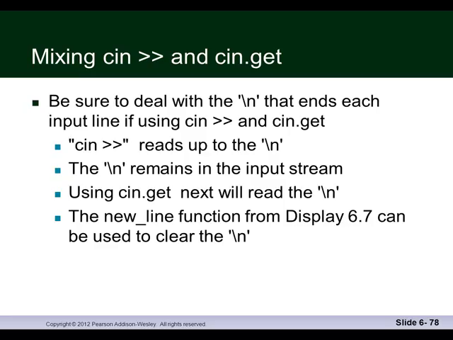Somebody talked to me, actually it was Ben today about it, and this is very important. When we're mixing up the cin with the .get, we're going to have an extra character that you might not be able to see. When you are using cin, it's going to read, and this is a very, very important line, up to the \n, and it's going to stay there.